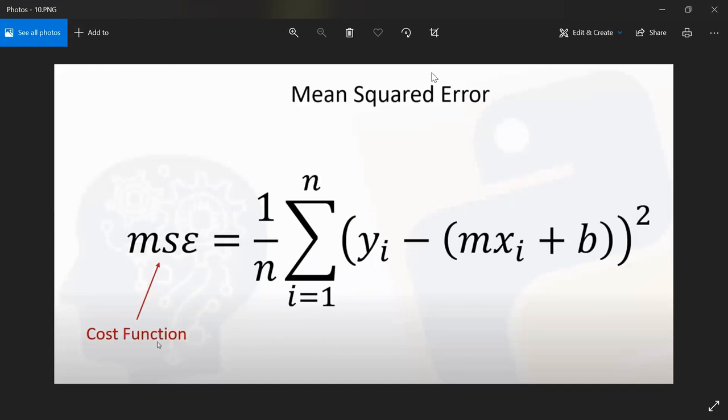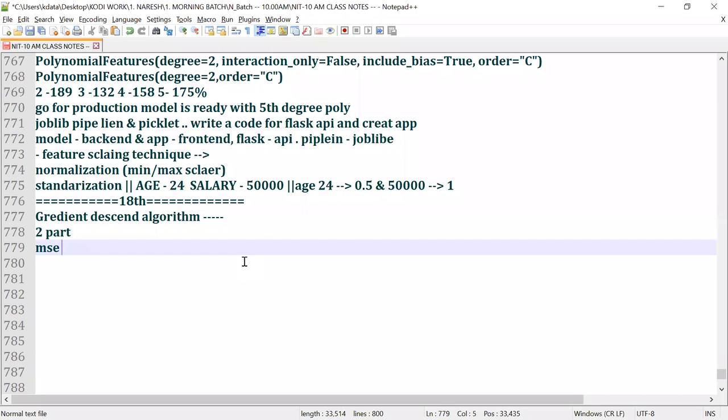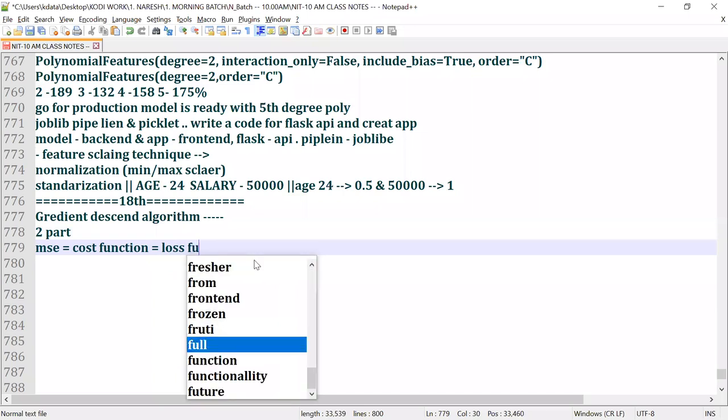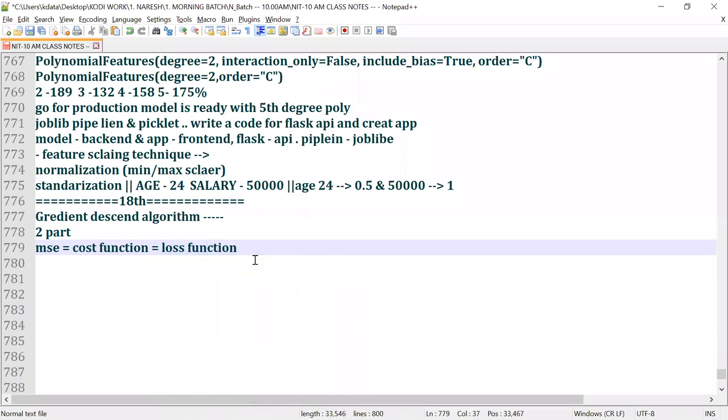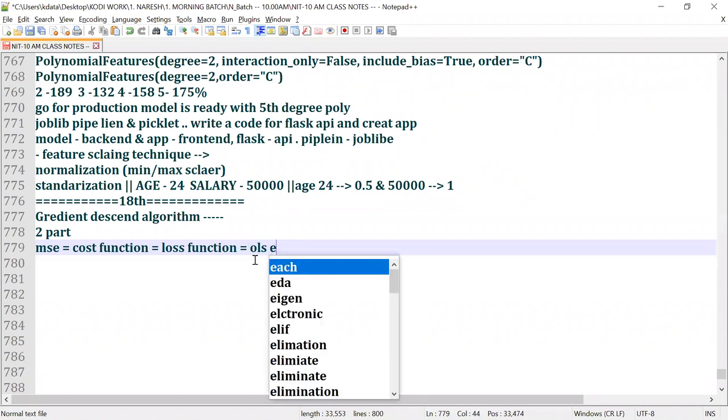Now, as I mentioned, this MSE is called the cost function, or loss function. So loss, cost, MSE, and OLS are all equal.